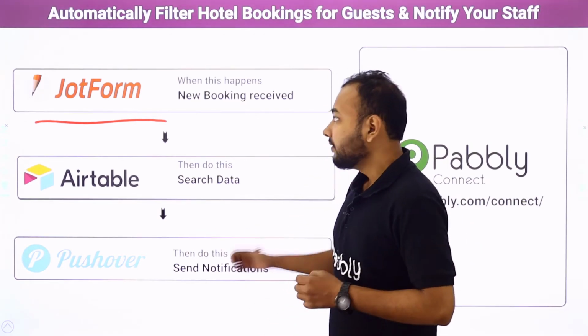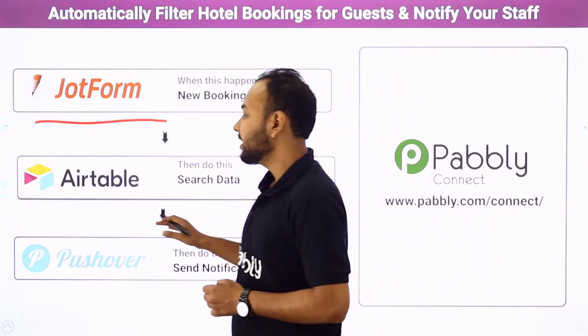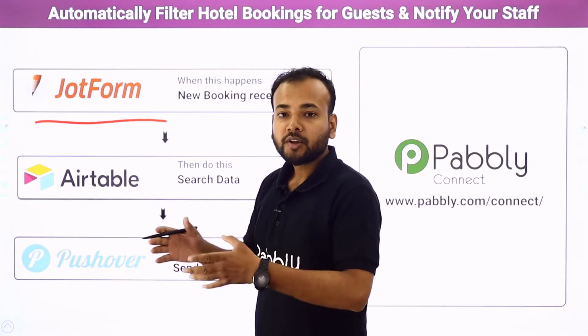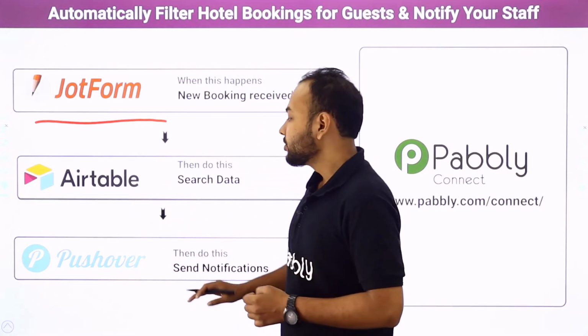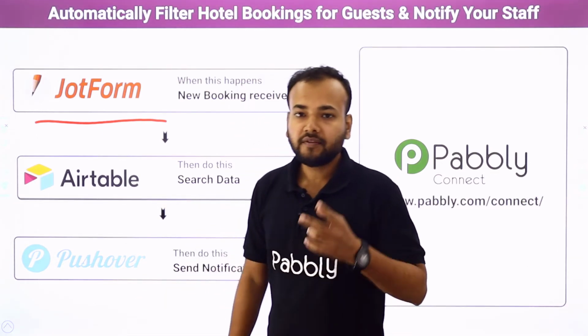So whenever you receive a new booking, you want to search the data of the person in Airtable, and if the person turns out to be from among the blacklisted customers, you want to send the notification to your staff. Now to do this, you have two ways.